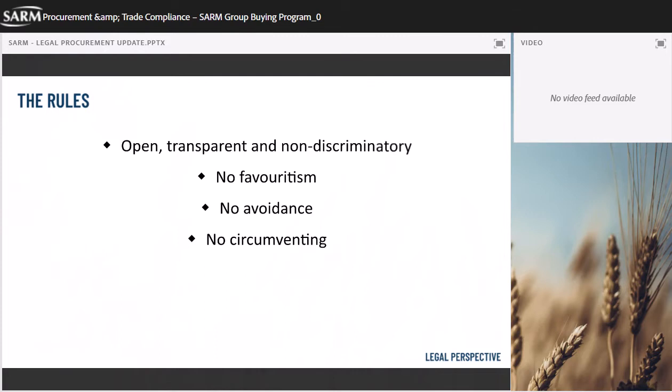I do want to note that there are certain procurements that are exempted from the rules of the free trade legislation. So anything with respect to forms of assistance, being grants, loans, guarantees, fiscal incentives, as well as acquisition or rental of land, that's excluded as well.